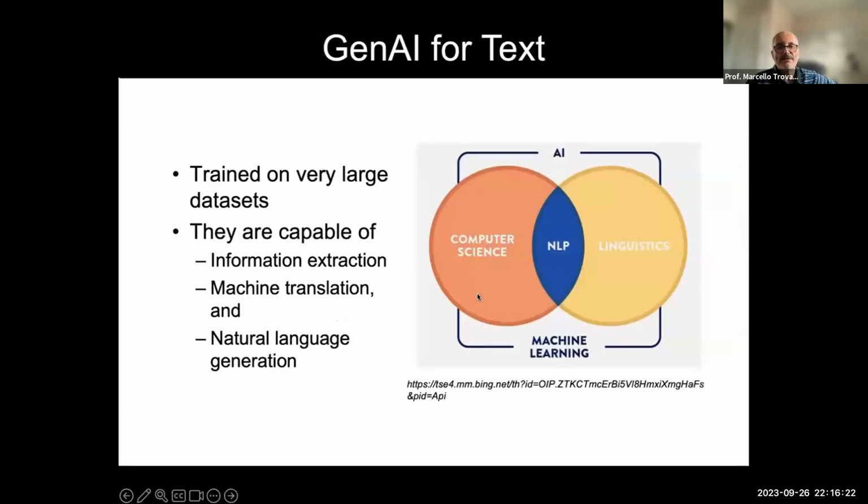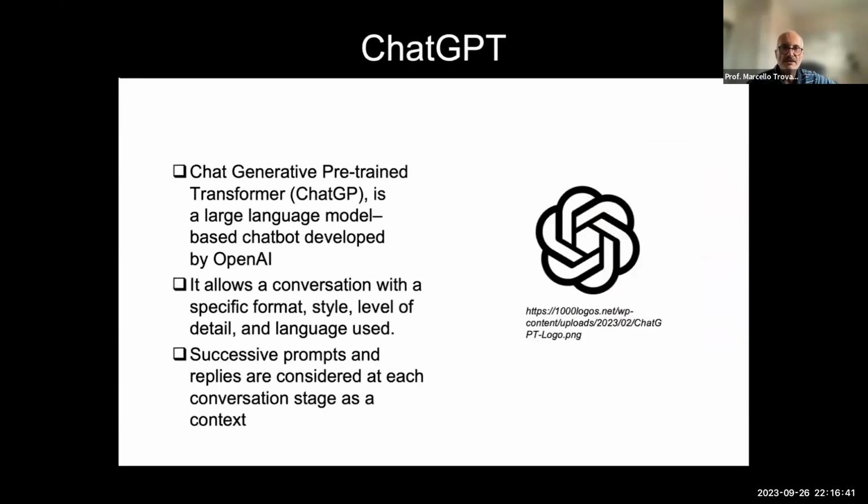And then we have GenAI related to text. Again, trained on very large data sets, they are capable of information extraction, machine translation, and natural language generation. So we can communicate, for example, with ChatGPT. We can use a platform to have a conversation, and it's based on large language models.